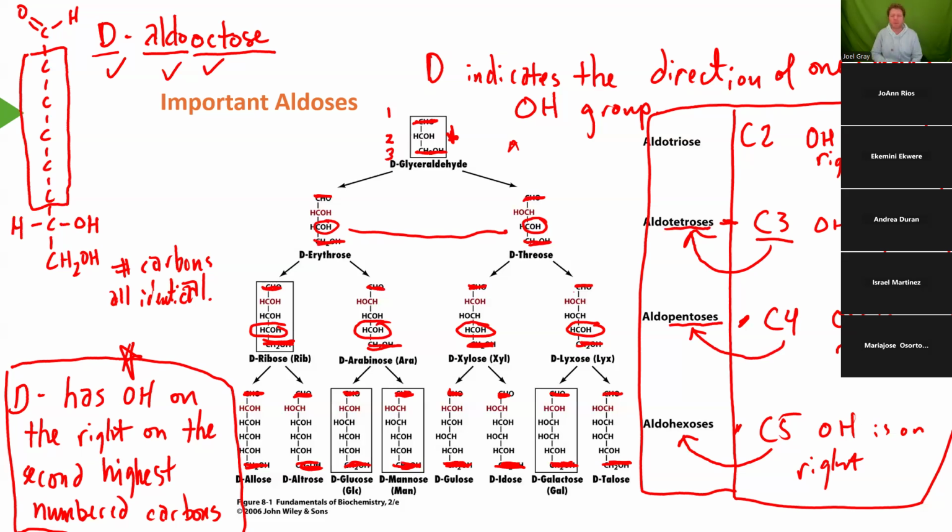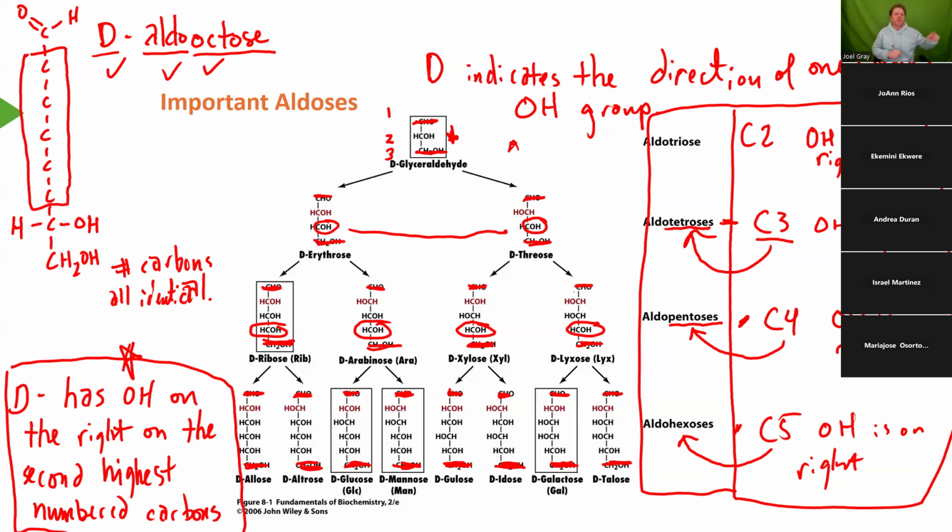No, we don't. We have no idea about where those OH groups are. Some are going to be on the right, some are going to be on the left. For this point, we don't care. All that we know is the information that we can draw and put down. D aldo octose, we're good to go there.